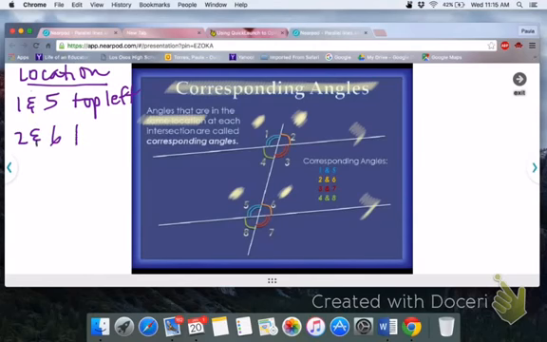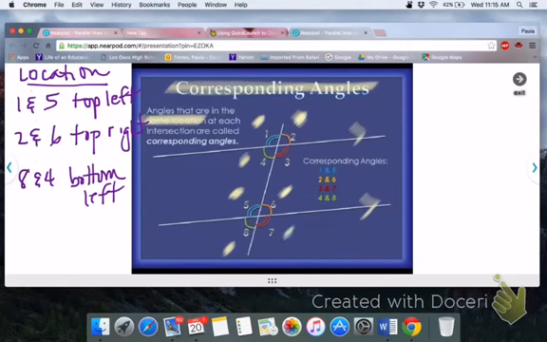So they are corresponding because they're in the same location. And if I look at 8 and 4, they're corresponding because they're both in the bottom left. And last but not least, if I look at 3 and 7, they're corresponding because they're both in the bottom right. So corresponding means they're in the same location.